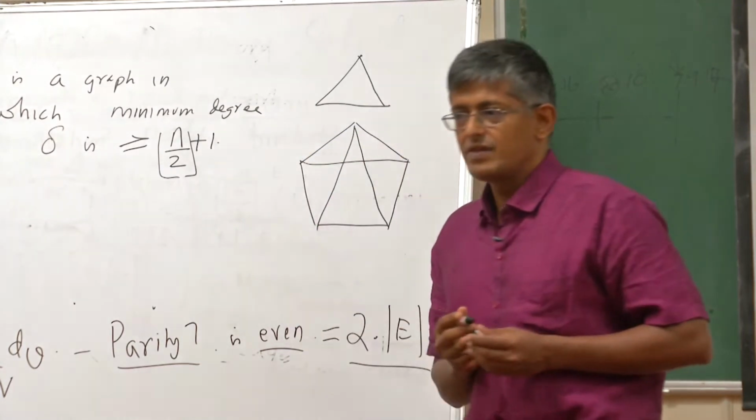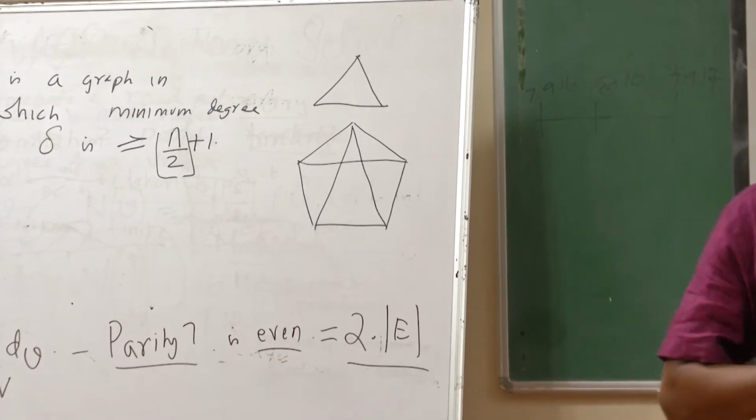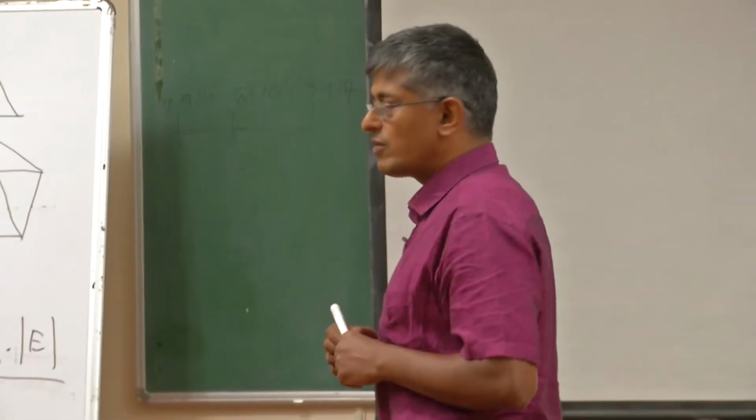So in this graph, the degree of every vertex is at least floor of n by 2 plus 1. There is one vertex whose degree is strictly more than floor of n by 2 plus 1, which is that top vertex, which has 4, but floor of n by 2 plus 1 is equal to 3. Now the question is, what can you say about this graph?